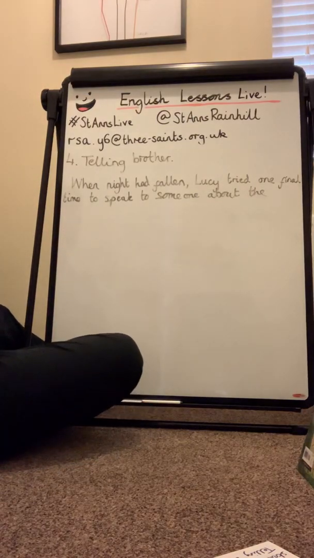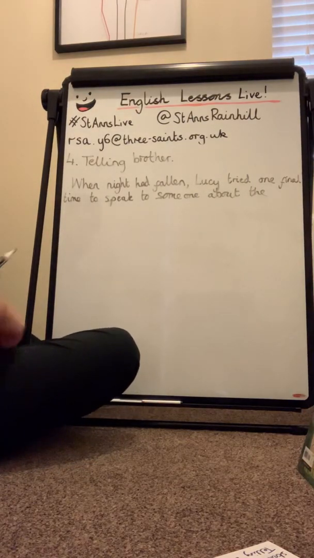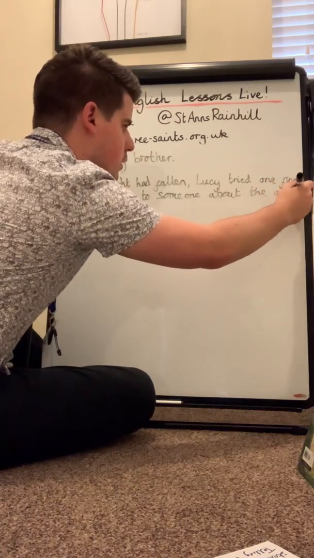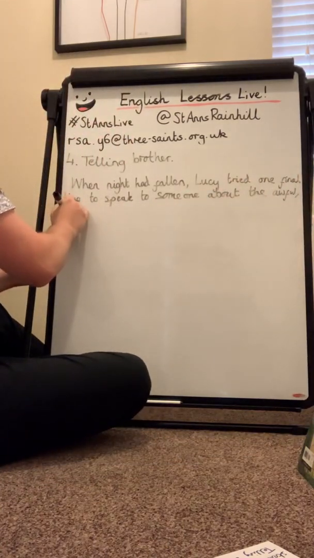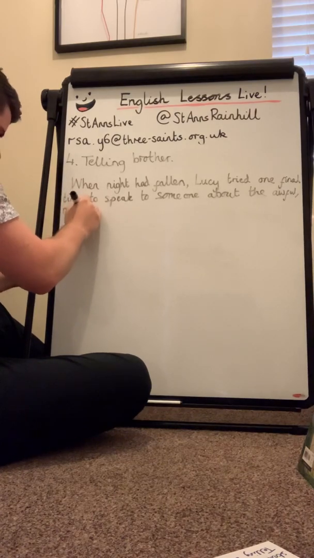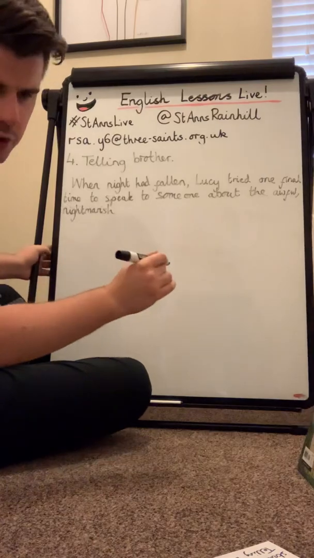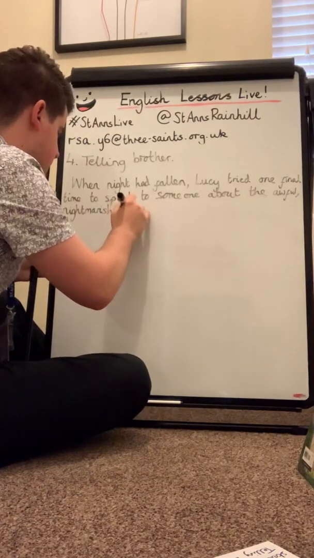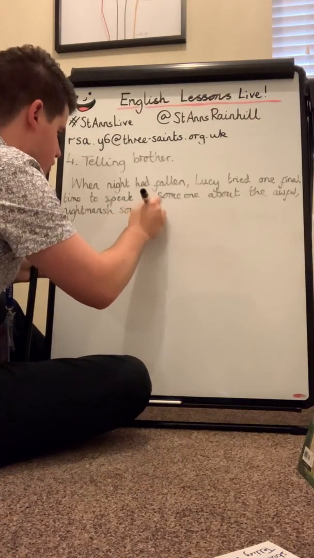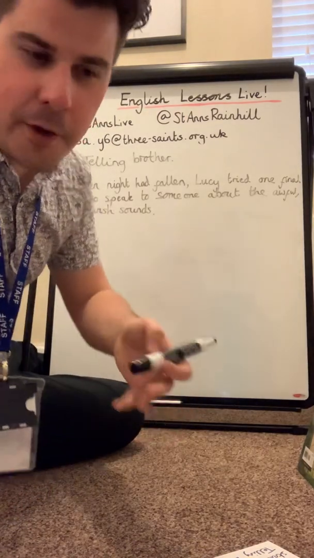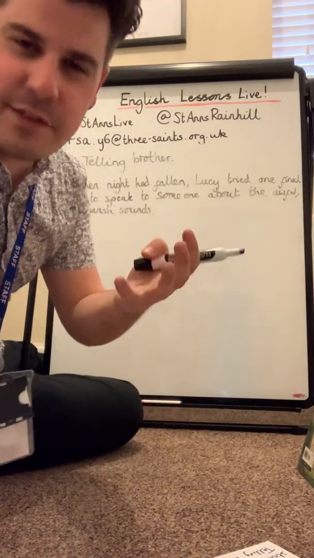When night had fallen, Lucy tried one final time to speak to someone about the awful, nightmarish sounds. Was it sounds? It was sounds, yes. And there's our introductory sentence. And that very much fits the style and the structure that we've set in place.